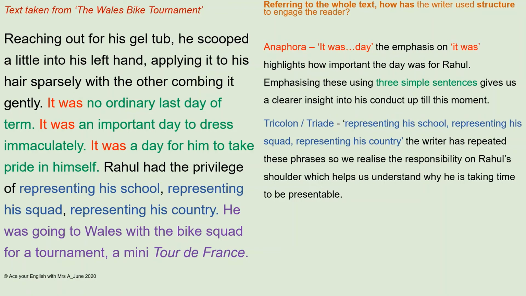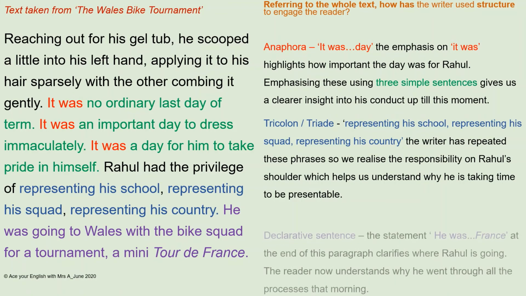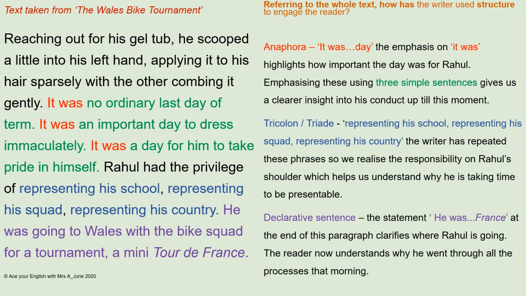And probably it helps us to understand why he's taken his time to get dressed, to make sure his hair is fine, to make sure his clothes are ironed, because it's an important day for him. And of course, how do we know it's an important day? Because the last sentence there, which is a declarative sentence, tells us that he's going for a tournament, a bike squad tournament.